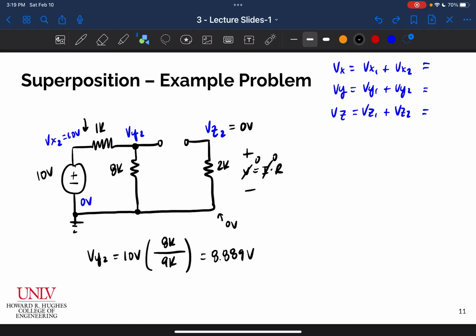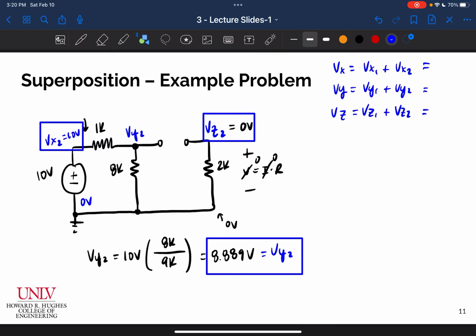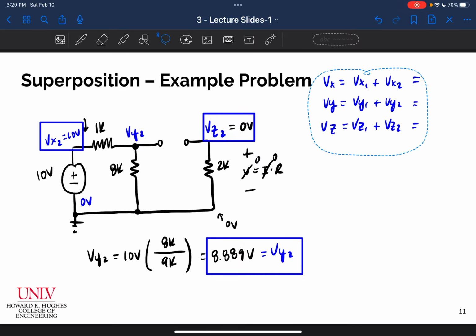So I've got VZ2 here. Oops, let me get my box tool. VZ2 is there. VX2 is there. And VY2 is here. And so now what we can do is plug in these values into these sums to get our final values.